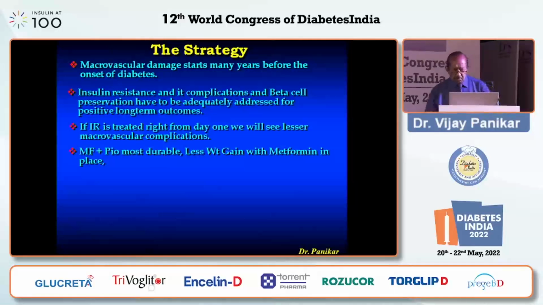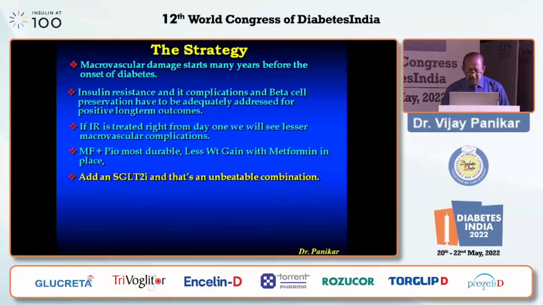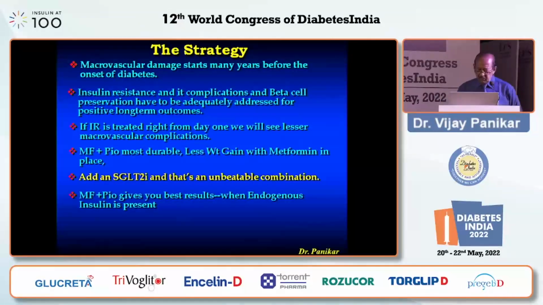Metformin and pio are most durable, with less weight gain when a sulfonylurea is not in place. But if you add an SGLT2 to a metformin and a pio, it's a deadly unbeatable combination. The weight gain of pio is neutralized by the weight loss of SGLT2. The fluid retention of pio is reduced by SGLT2. Fantastic combination.